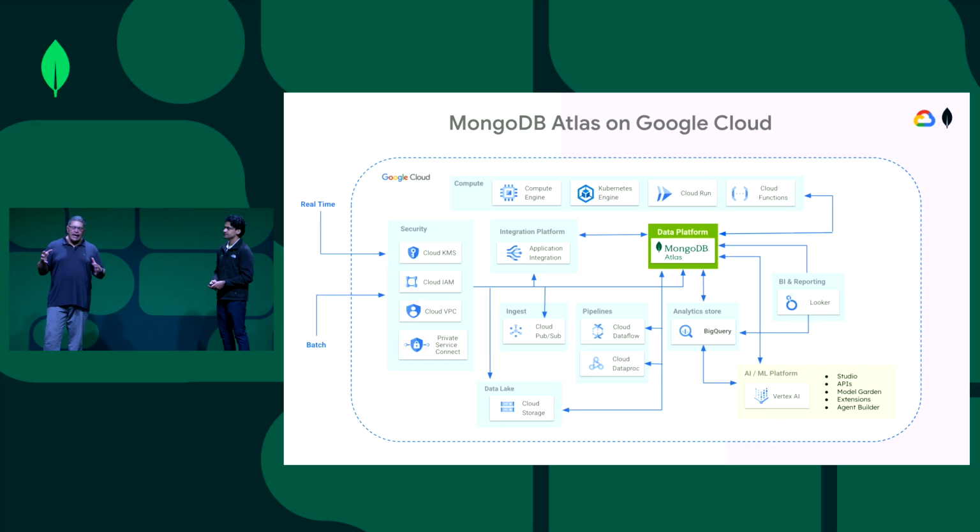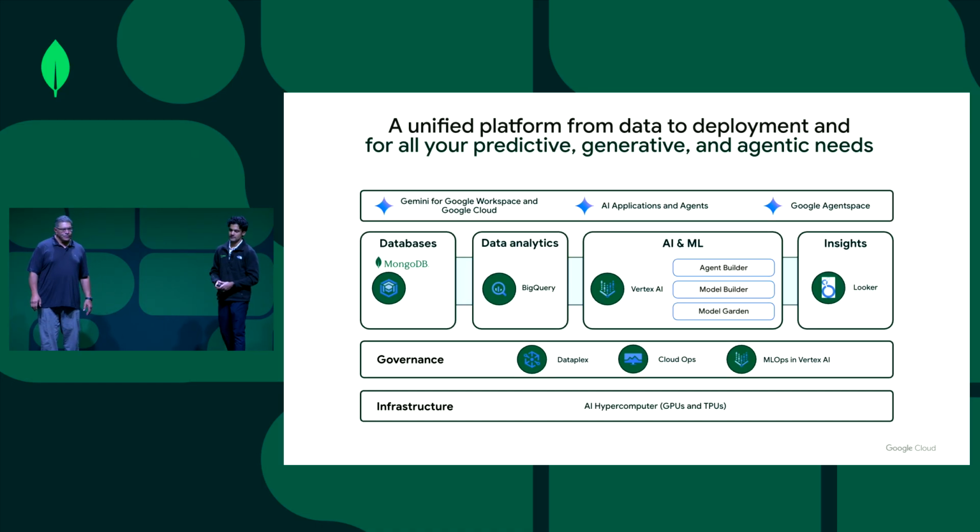And then if you want to take that data, recombine it with some of the data that's in MongoDB, we have templates for Dataflow to bring that data back into MongoDB so that you can have your predictive analytics data right beside your transactional data. MongoDB can also be used as a vector database for building your AI applications. And if you are an AI-based startup, we also have a great joint startups program where you can get resources and credits.